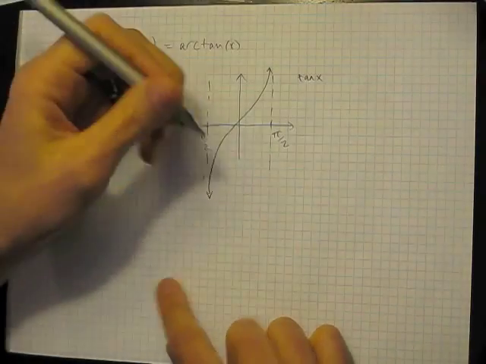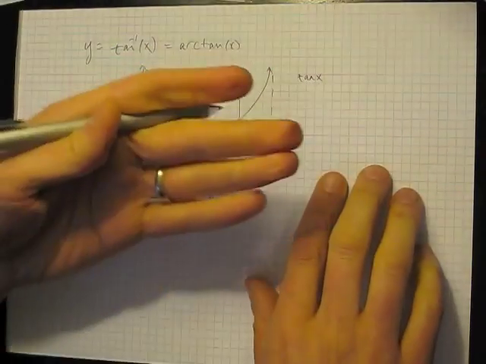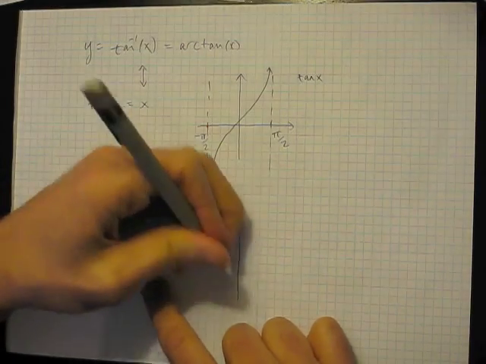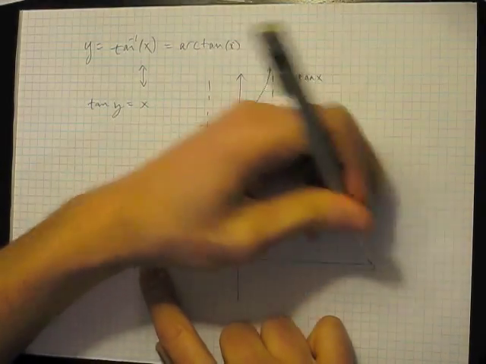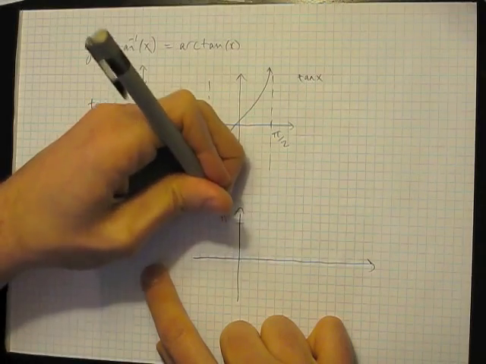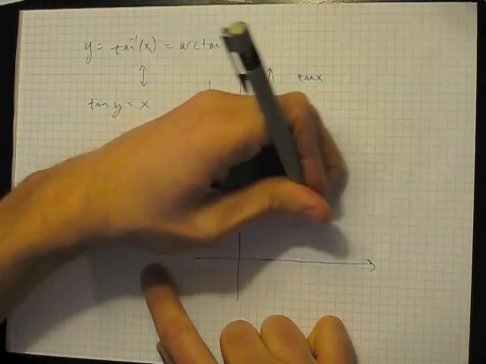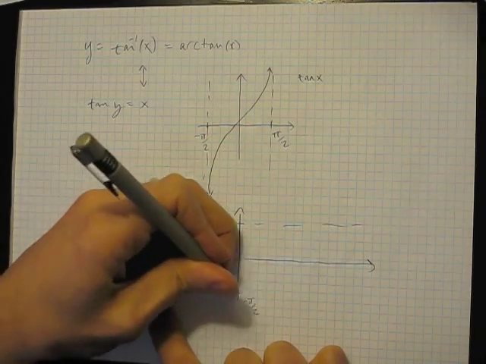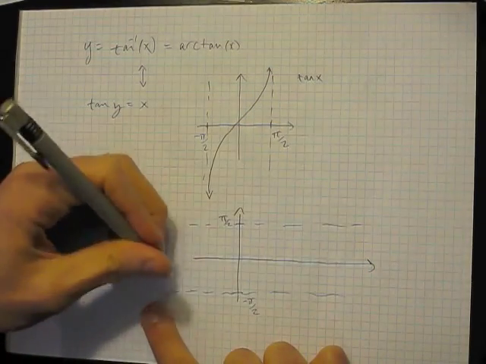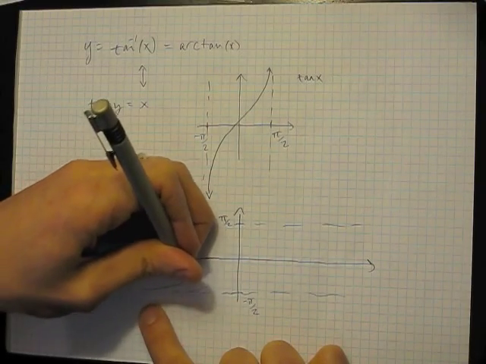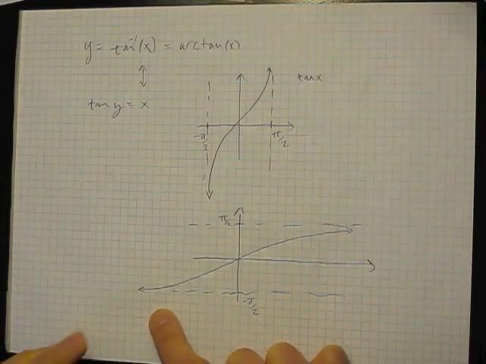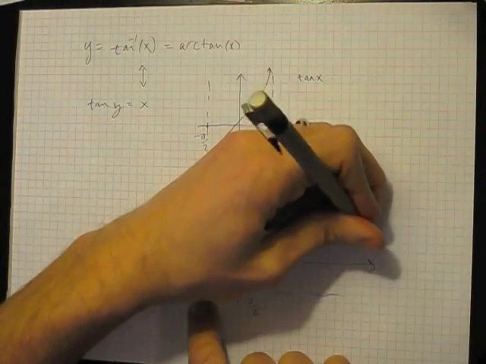Okay, and so this is tangent. So the inverse tangent is what you get when you take this and you flip it. So these vertical asymptotes will turn into horizontal asymptotes, and so we'll get a horizontal asymptote at pi over 2, a horizontal asymptote at minus pi over 2, and then the inverse tangent function goes like this. So this is arctangent.